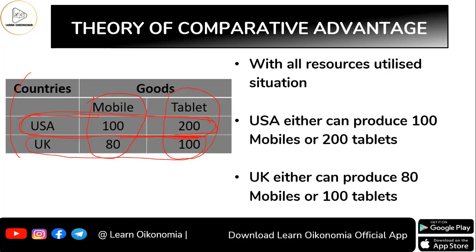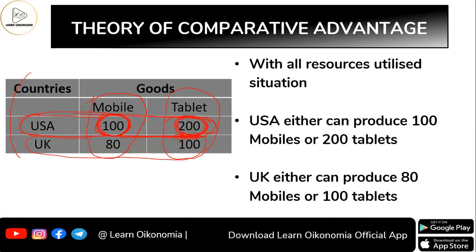When all the resources are utilized completely in the given situation, USA can either produce 100 units of mobile phones, or it can produce 200 units of tablets. So either USA can produce 100 pieces of mobile phones, or it can go for 200 pieces of tablets.